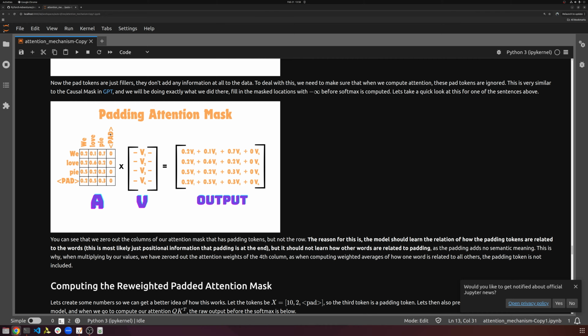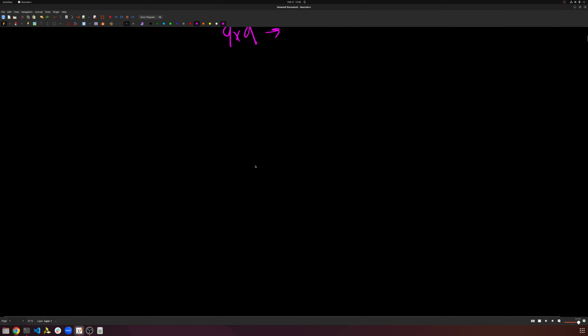This V4 is the fourth token, the pad token. It's the projection of the pad token, because the pad token will have its own embedding, just like everything else. So if we want to draw it out real quick, if there's 3 words, you'll have your embedding for the first word.